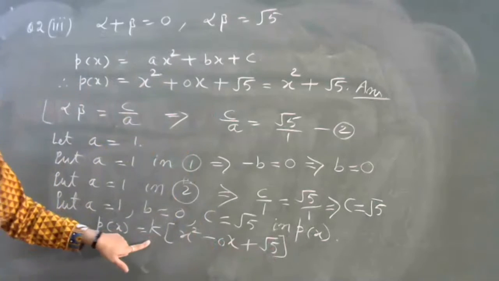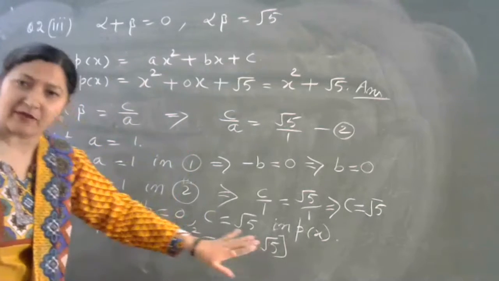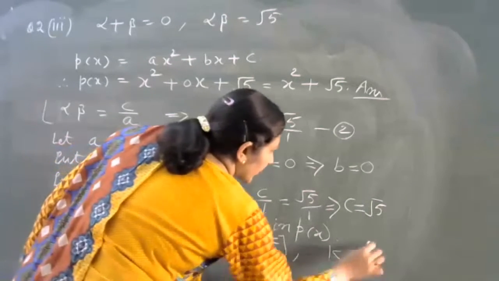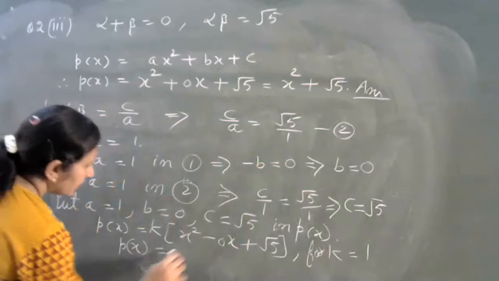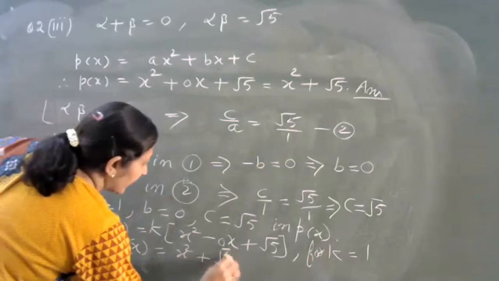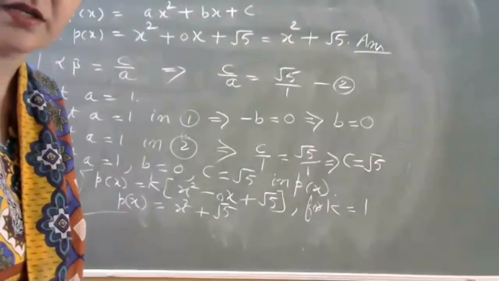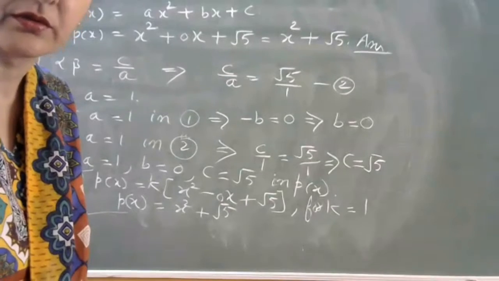Okay? Let k is equal to 1, because the denominator of all is 1, so px will be x square plus under root 5. So without solving, you can check your answer here. Clear?